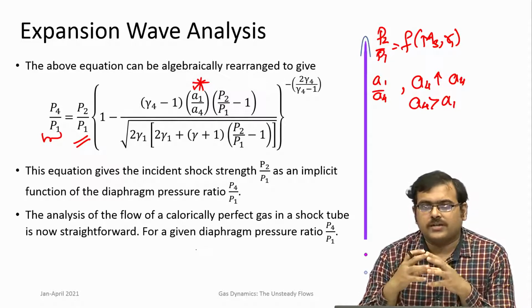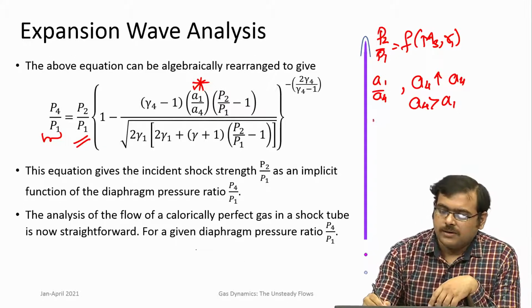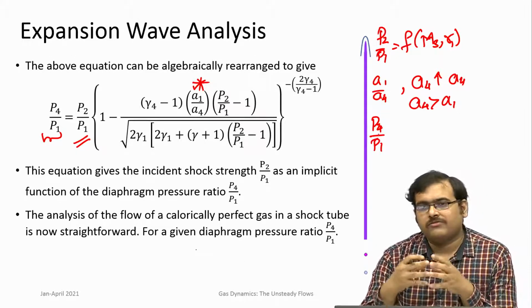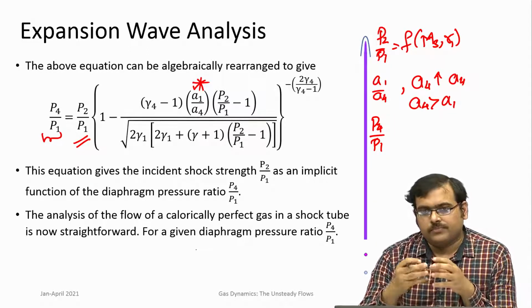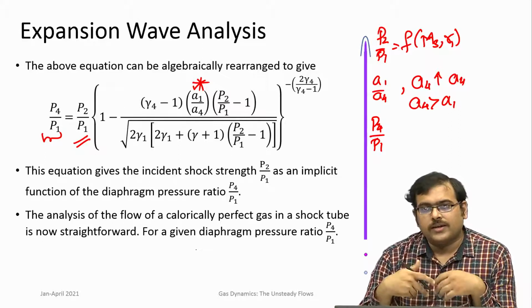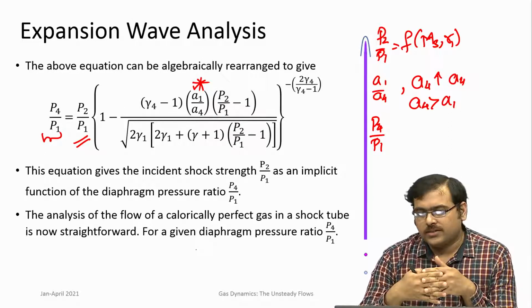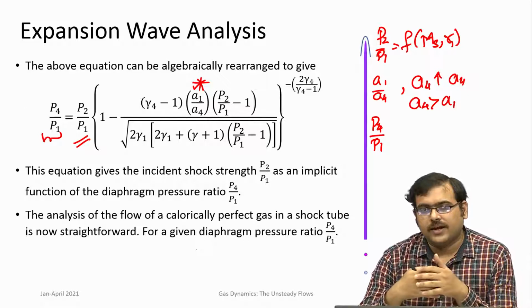You can only achieve a certain P4 by P1, which is limited by the kind of pressure vessels that one has, or you need other approaches, which is heating the driver gas.